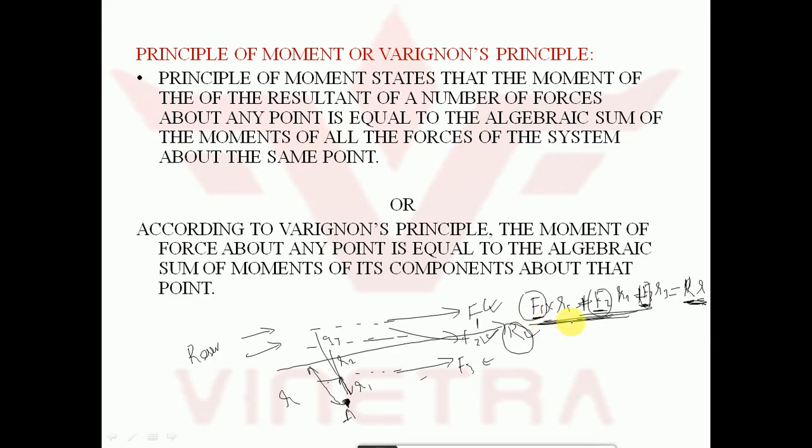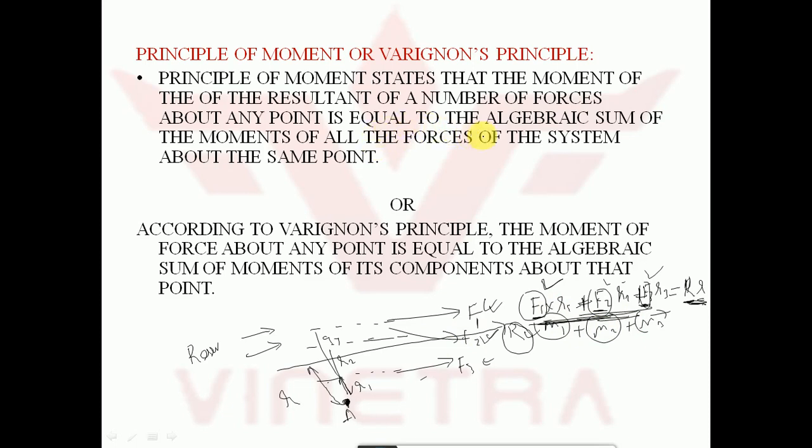So this is the algebraic sum of moments of forces: F1 into R1 is M1, F2 into R2 I can take as M2, F3 into R3 I can take as M3. This is moment 1, this is moment 2, this is moment 3. So I am adding them up. Since all the moments are acting in a clockwise direction, I have taken them as positive.